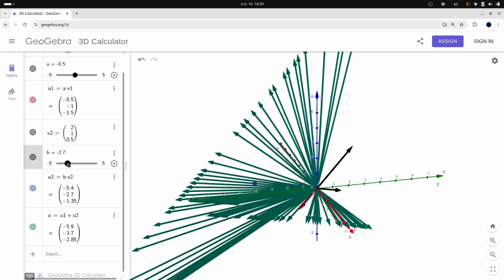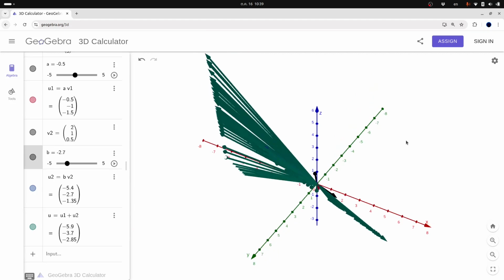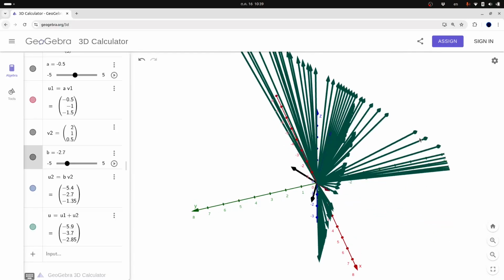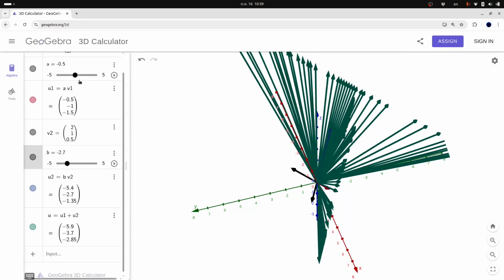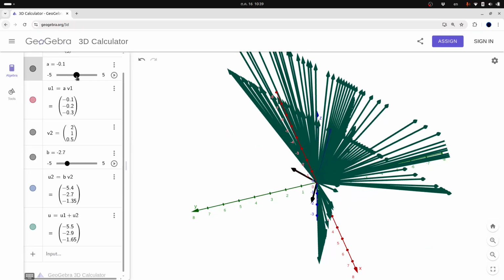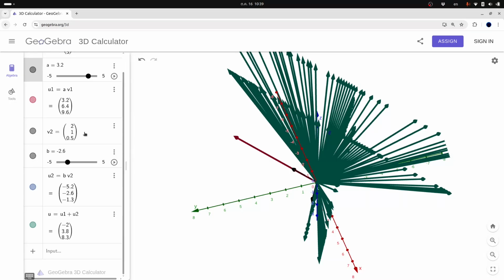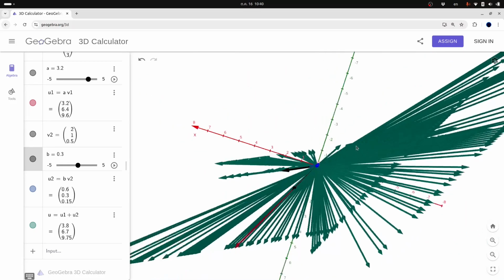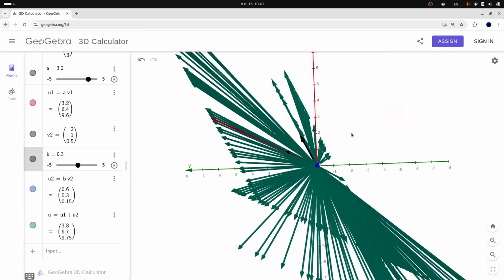But the green vectors, if you look at that, will form a plane, right? You can see that. It looks like a plane, right?